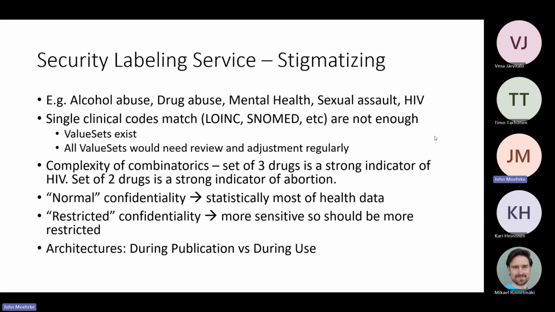Or these three together is, and that's just an example of some drugs. Again, this is not an easy space, but that's why the security work group in HL7, where Rich and I co-chair, just said, you know what, there needs to be a security labeling service that is made aware of all of these things.